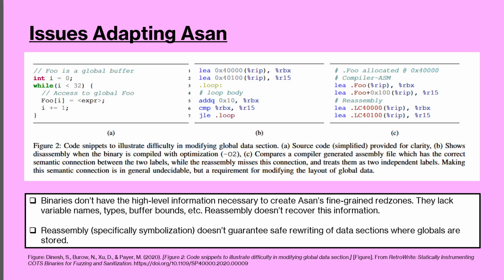However, if we were to instrument this code, we can see that the RBX and R15 registers, or at least the R15 register, wouldn't point to the correct location of the end of the global buffer anymore, because that red zone would go below the original global buffer. We'd have no idea of when it would end and when it would start anymore, which explains why it's difficult to modify global variables with this instrumentation or with this relabeling.